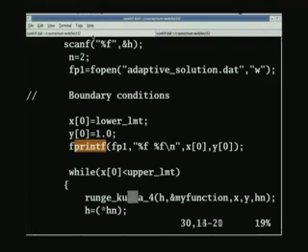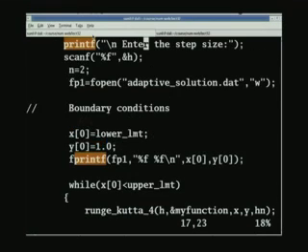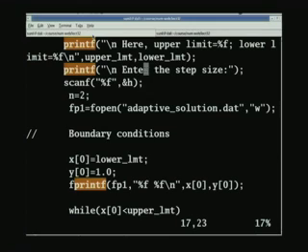Now I call that Runge-Kutta 4, and this is with adaptive step size. In this part, I can't divide my interval into some predetermined number of points. Instead, the program asks for a step size, an initial guess to the step size.